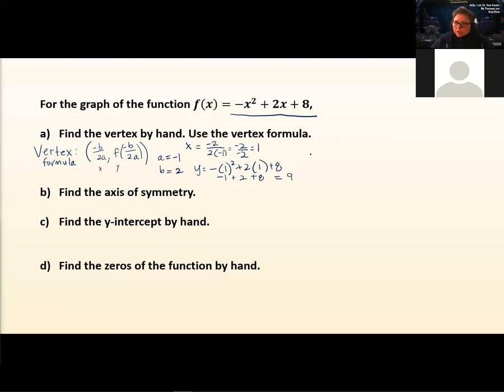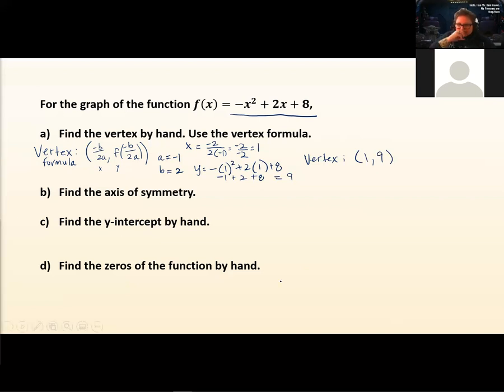Good job, 9. So our vertex is what point? 1, 9. Yep. So that's our vertex.